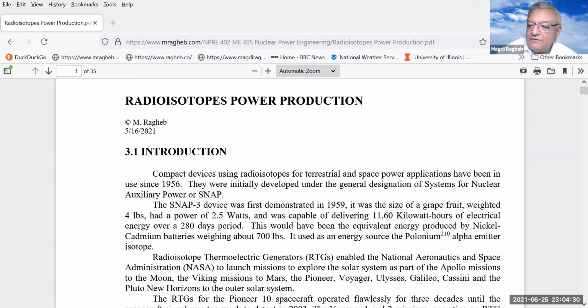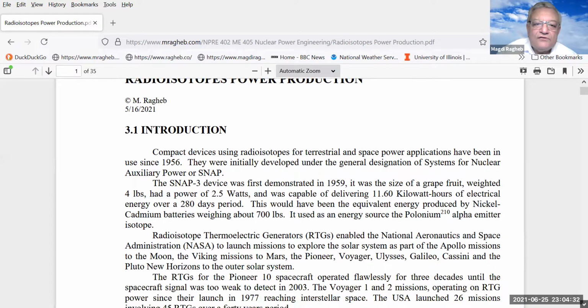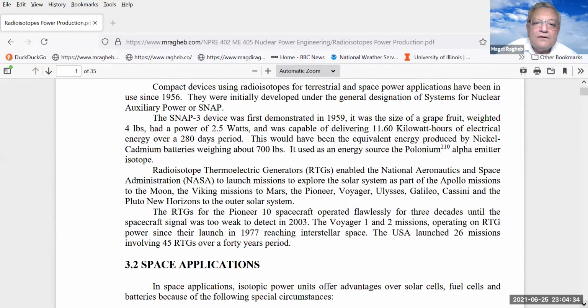This is a great advancement over having to use nickel cadmium batteries, because in that case, what was weighing only 4 pounds replaced something that would be 700 pounds if it's nickel cadmium batteries, and the cost of launching materials into space is somewhat prohibitive.